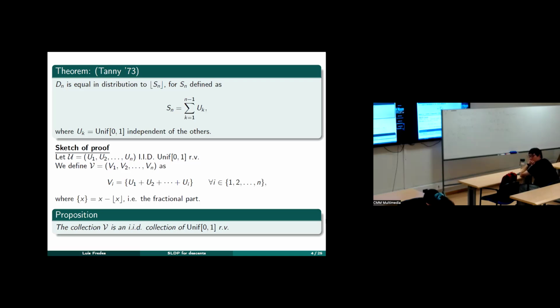Uniform continuous, you say? No, take any coupling of the uniform on the unit interval. So create a measure on the unit square by coupling, and from these you get a permutation. So you choose your permutation under this measure. Can you do the same? It seems that you should.